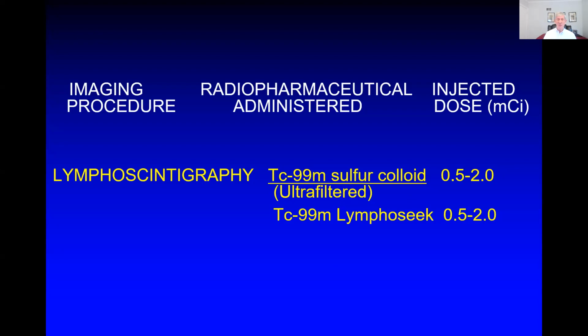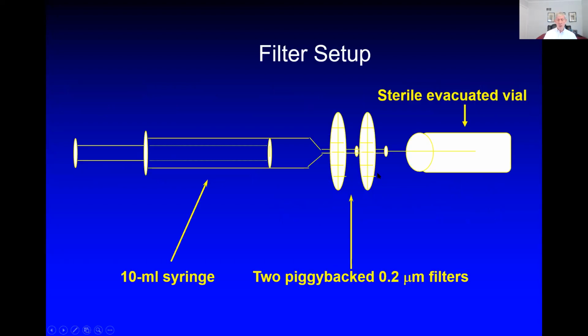And the beauty of Lymphoseek is that when this drug is made, particle size comes out exactly where we want it. So we don't have to be bothered with the filtration process. In both cases, we use an amount varying from about 0.5 millicurie for melanoma up to about 2 millicuries for breast cancer.